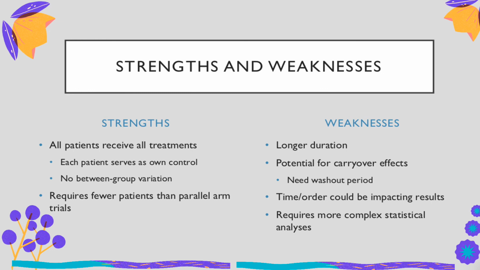Also, it requires fewer patients than parallel arm trial. But the weaknesses are it has longer duration, potential for carryover effects, time or order could be impacting results, and it requires more complex statistical analysis.